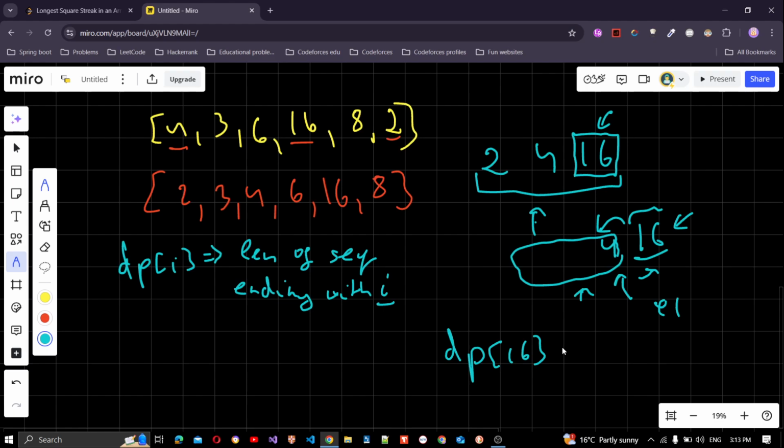So dp[16] is the length of the sequence that ends with 16. It would equal dp of the square root of 16, which is 4, plus 1.